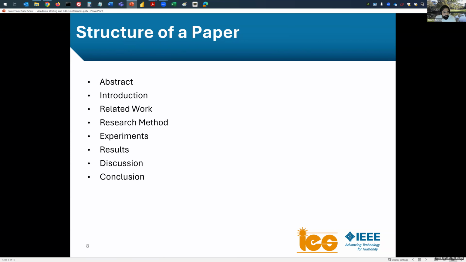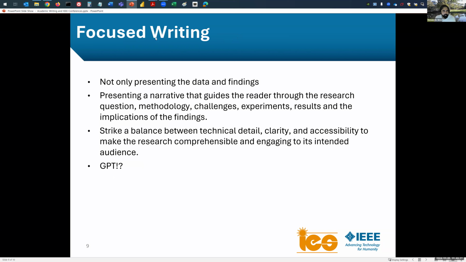So I think on the next slide, academic writing is different to any other writing or any other type of communication, because you might be the best AI researcher in the world and you get the best experiments and results, but if you can't communicate this outcome to a third party, then your research doesn't travel too far.